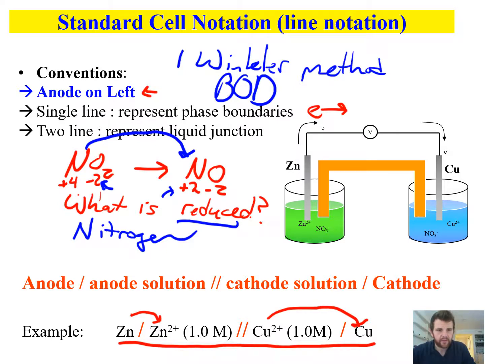Oh, this pen is acting up today. Oxygen is normally -2, which means in this situation, nitrogen would be +2. Or here, nitrogen would have to be a +4. So nitrogen went from a +4 state to a +2 state, so your answer would then be nitrogen.